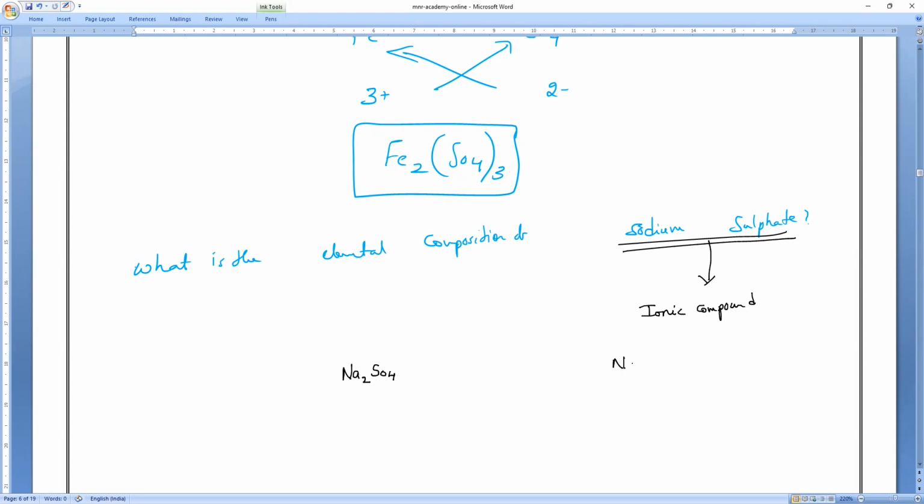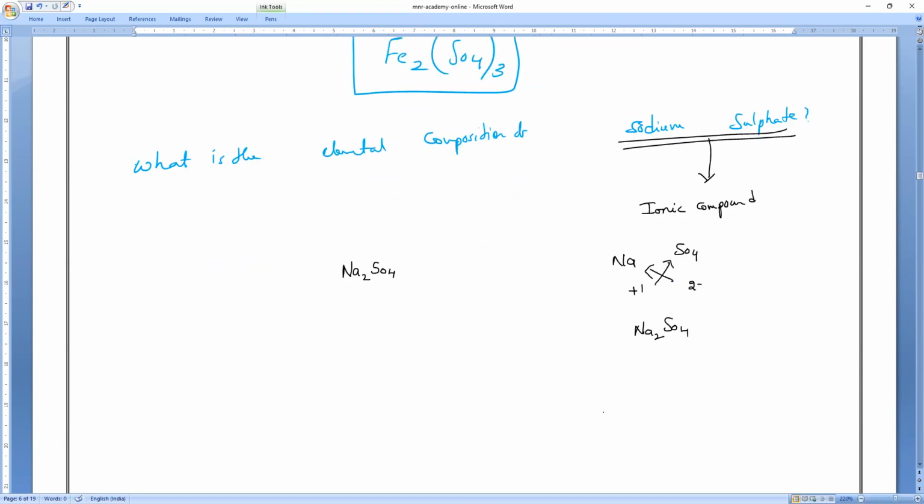Please learn the tabular column. Sodium is +1, sulfate is 2 minus. If I do the crisscross, we get Na2SO4. Please write it. Sodium sulfate, Na2SO4. Unless you learn the formulas, there is no change in our progress.